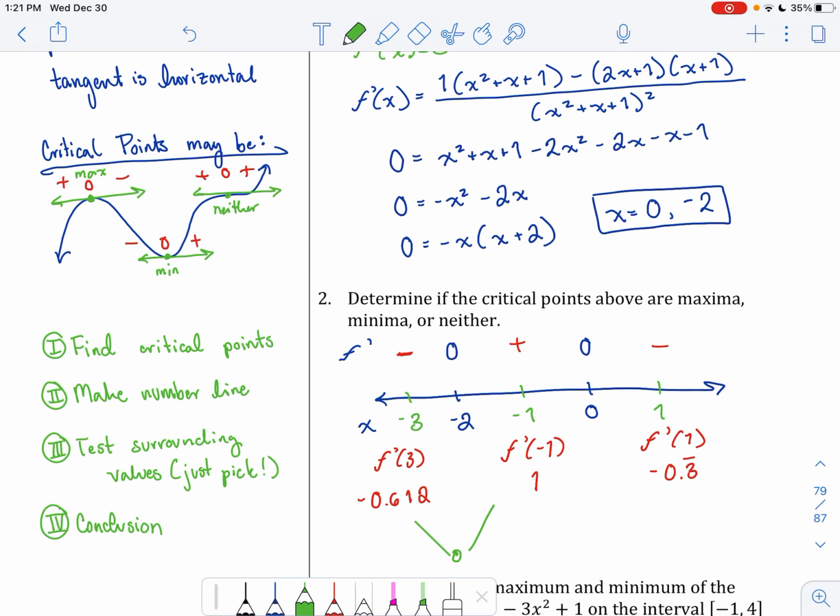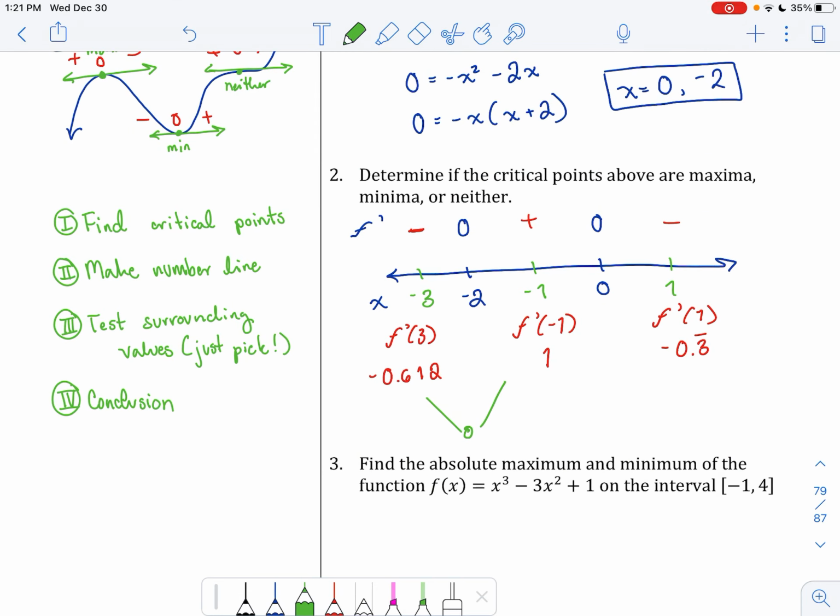That means that we have a minimum at -2. Similarly, we have positive, 0, and then negative, so we have a maximum at 0. So in my conclusion, I will say that we have a minimum value at -2, and we have a maximum value at x equals 0.